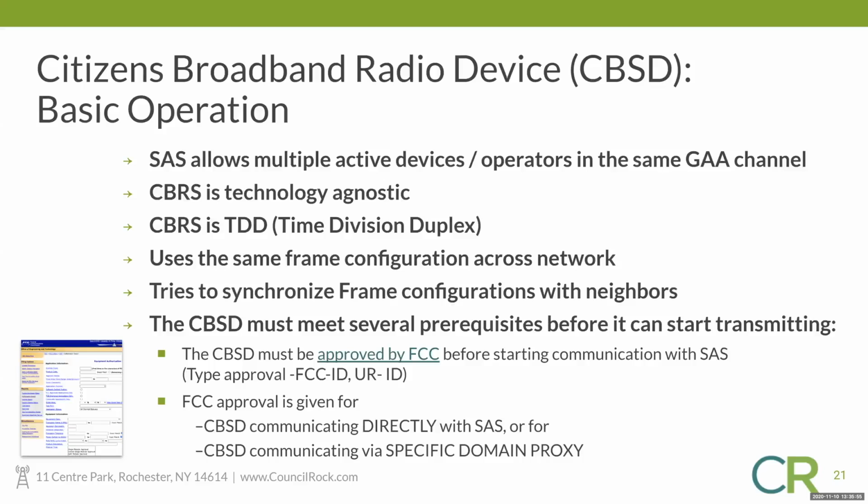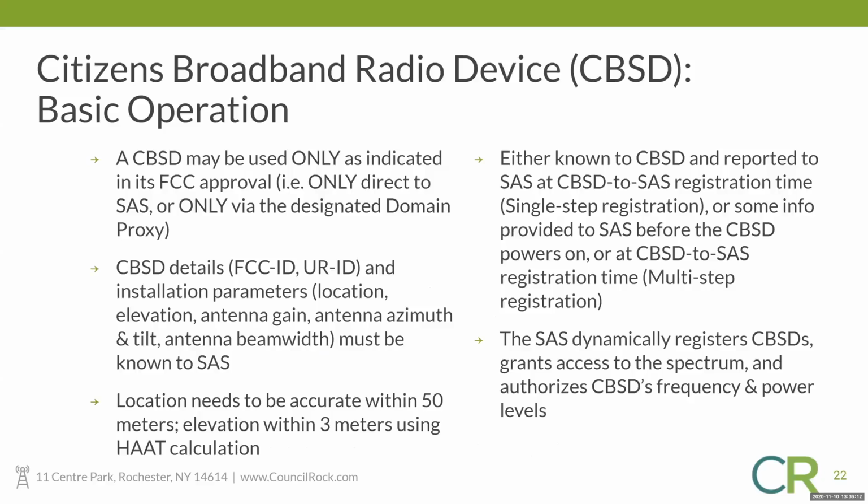So in addition to complying with the RF parameters that are defined by the FCC, it needs to be certified that it can connect to the SAS, either directly or using a domain proxy. A CBSD may be used only as indicated in the FCC approval.